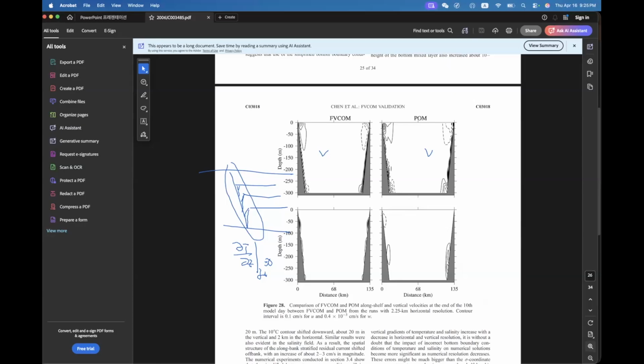But FVCOM can be symmetric. So that's the reason. If you consider it this way, your sigma error should be smaller. That's why if you make the resolution very high, your sigma error can decrease.